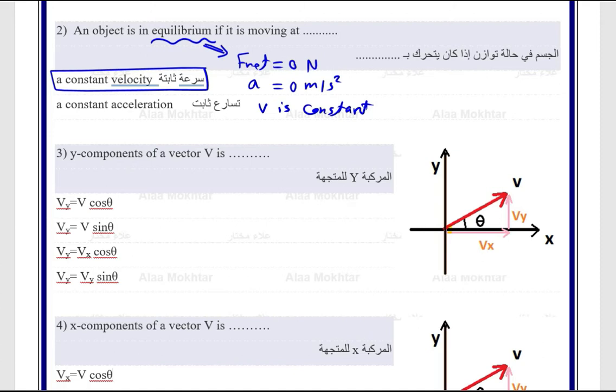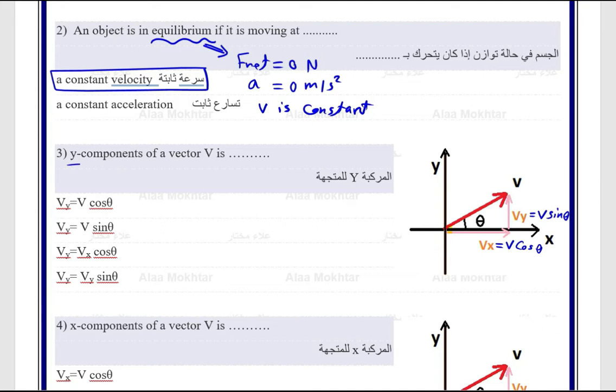Question number 3. The Y component of a vector V is... look at this figure. As you see, this is vector V. Vector V makes an angle theta beside the x-axis, so the component beside the angle takes cosine, and the component away from the angle takes sine, so Vx will equal V cosine theta and Vy equals V sine theta.